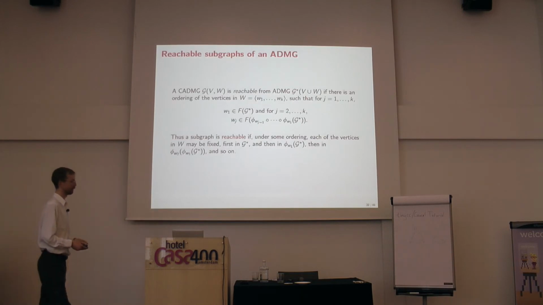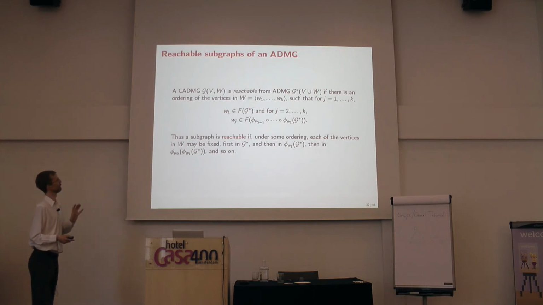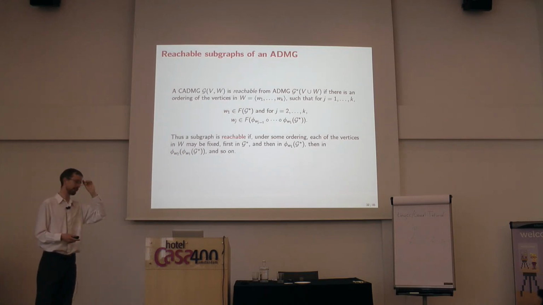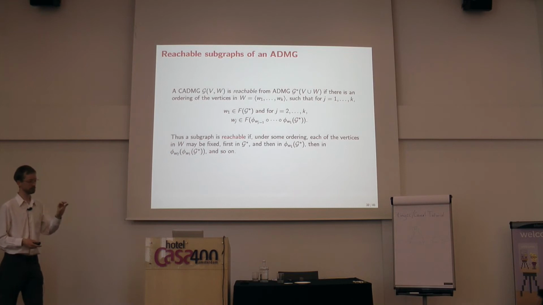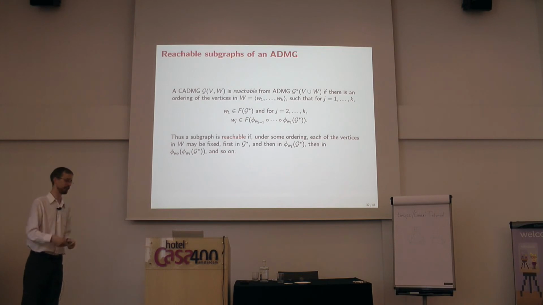Okay, a little bit of terminology that Rob will use. So we've now got this idea, I've got a graph, and there are vertices I can fix. And then I could think about all of the graphs that can be obtained by fixing different subsets of the vertices.